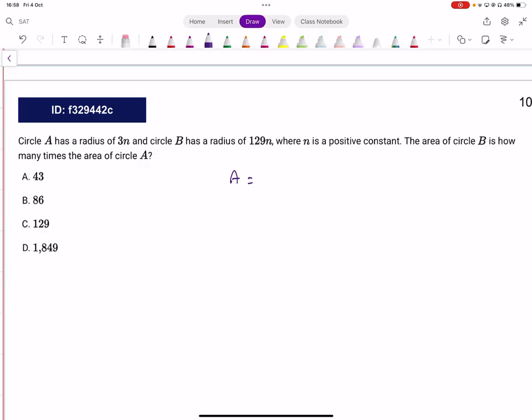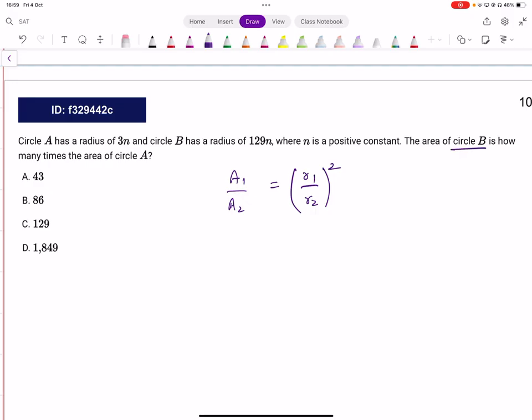Circles are always similar, by the way. So you can use similarity if you want. That will also work. So you can say A1 over A2 equals R1 over R2 whole squared.